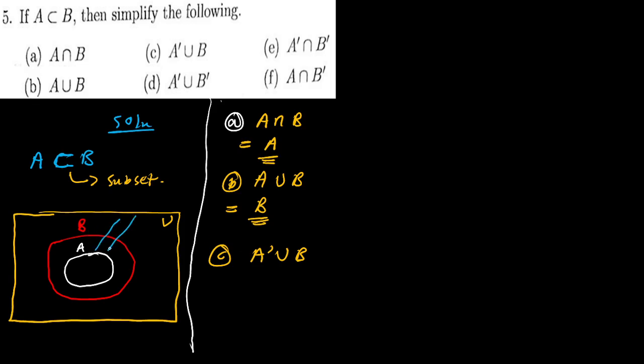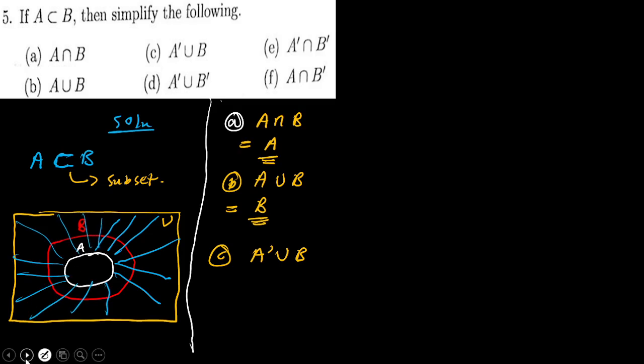A complement is everything which is outside the set A. So this is set A. Then we have also been told to unite it with set B. Set B is the one I'm showing in red. So if you look at what has been stated here, A complement union B, the blue guy you unite with the red guy, the answer is the universal set, which is U. So the answer is just the universal set, just like that.